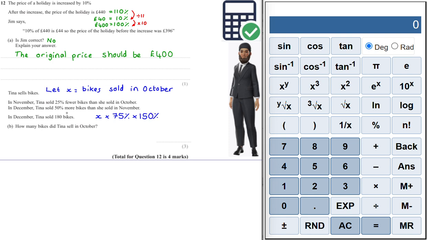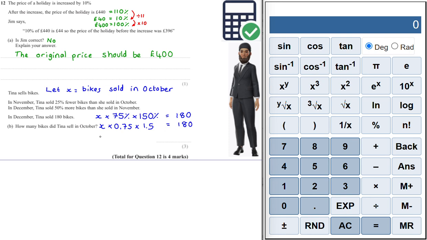And in December we sold 180 bikes. So let's make these into decimals: x multiplied by 0.75 multiplied by 1.5 is equal to 180.